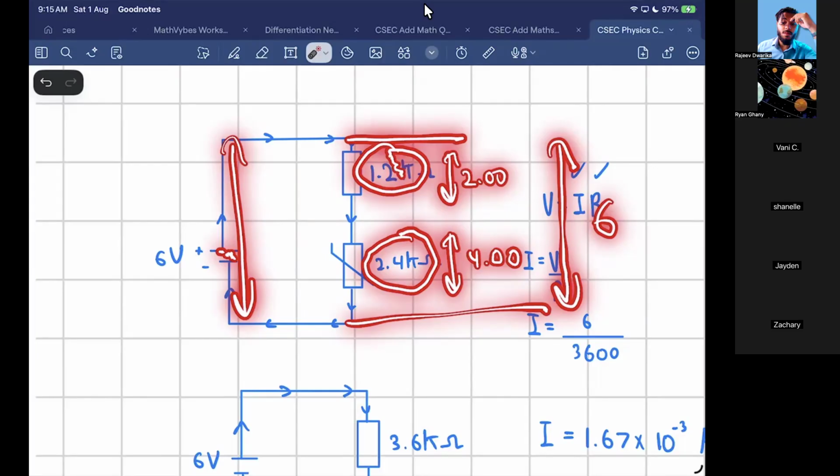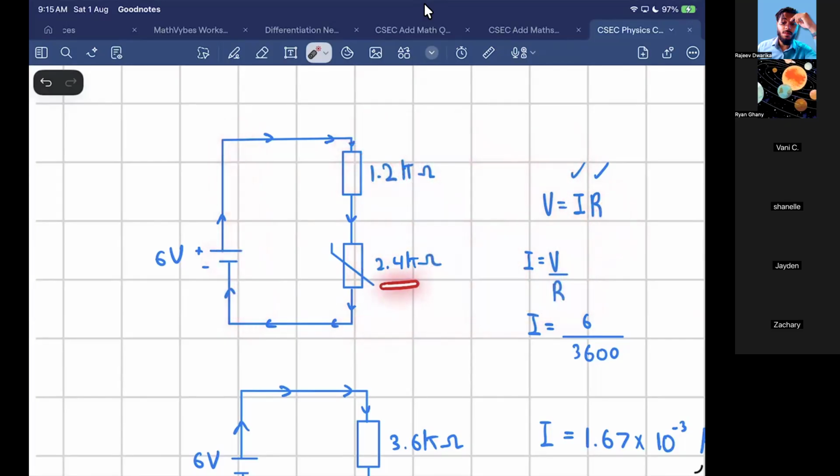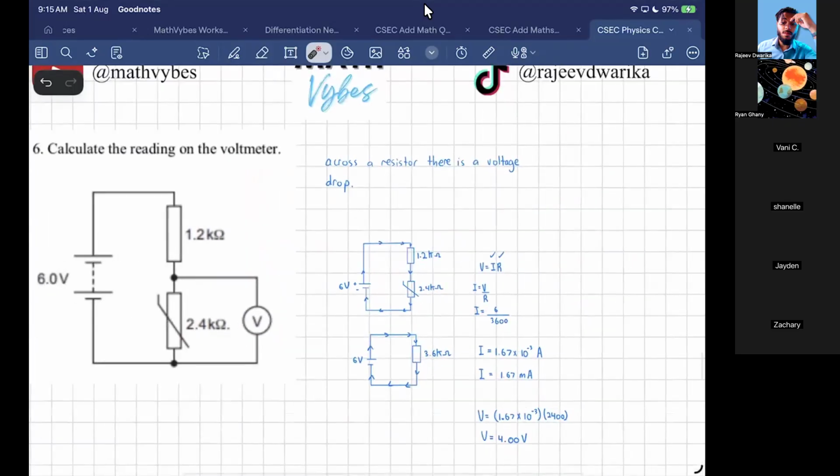It will increase. So if I increase the resistance by 2 times, the voltage increases by 2 times. Watch. 4 is how much times 2? 2 times. Exactly. And 2.4 is how much times 1.2? 2 times. Exactly. Already, the question making perfect sense.